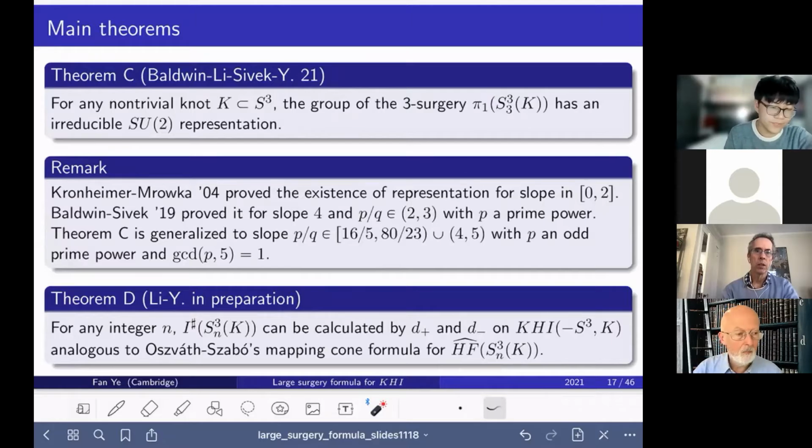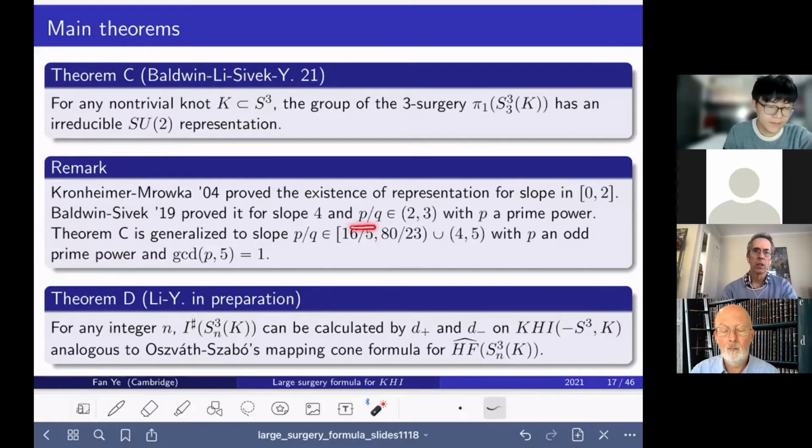These results correspond to Kronheimer and Mrowka's results for the slopes 0 and 2. Later Baldwin and Sivek also proved the existence of SU(2) representations for slope 4 and many slopes in between 2 and 3.